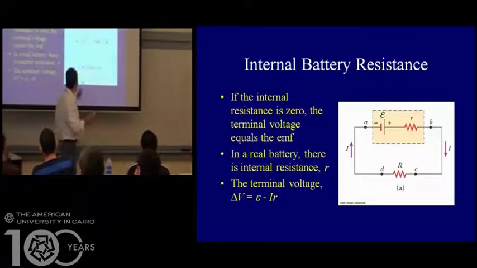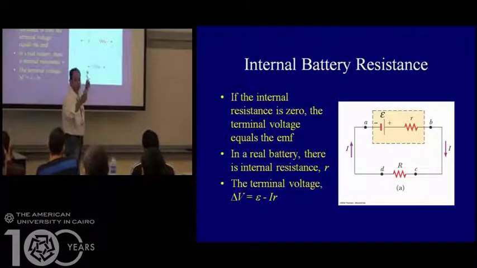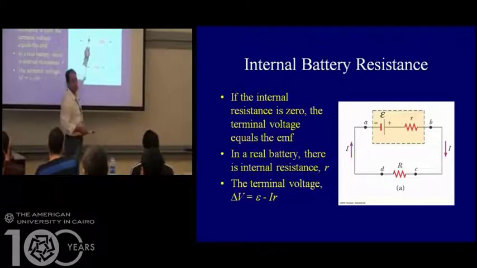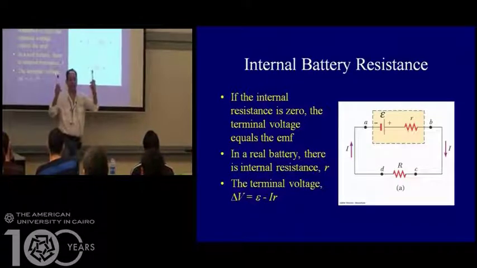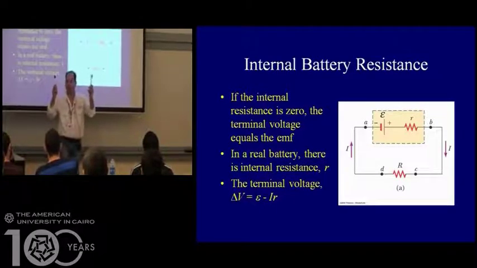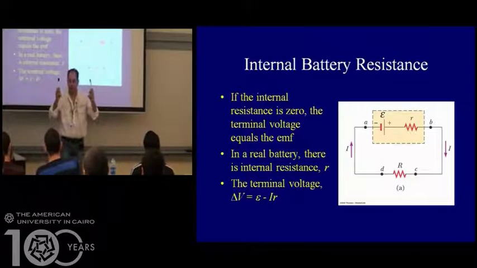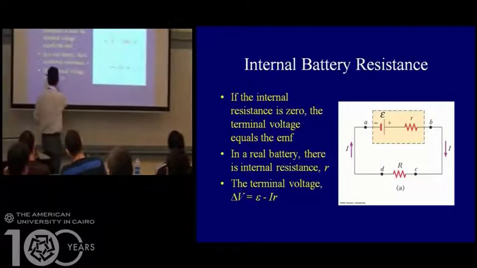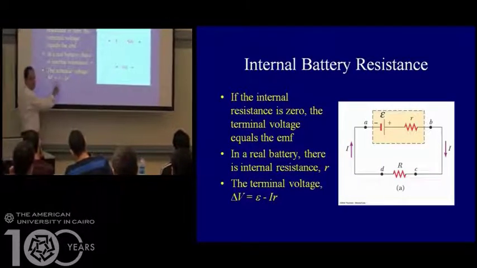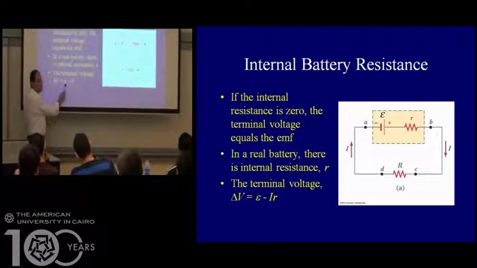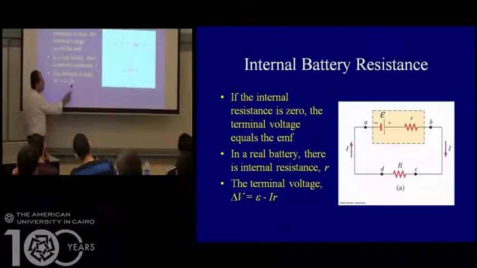So if we need to talk about electromotive force, this is the electromotive force. But what we measure in reality is the potential difference between the two terminals of the battery, and that potential difference is equal to the electromotive force minus IR.